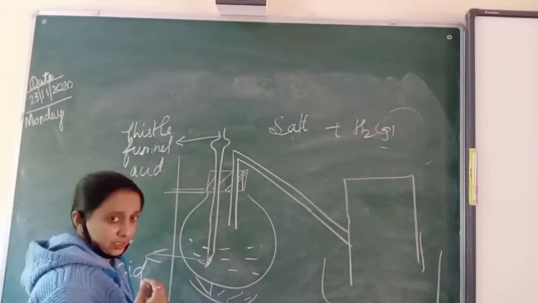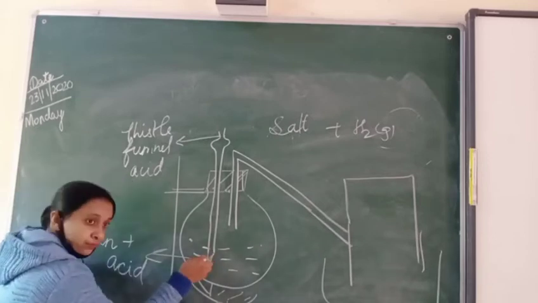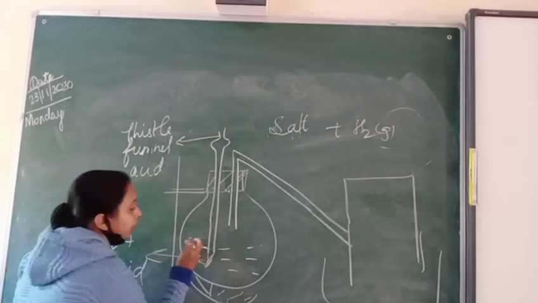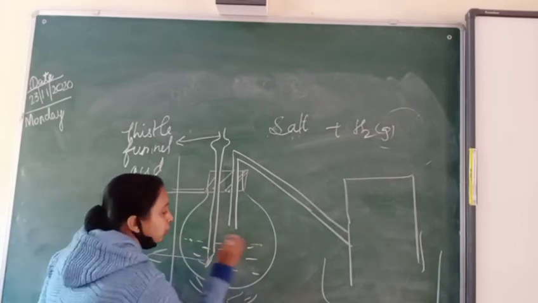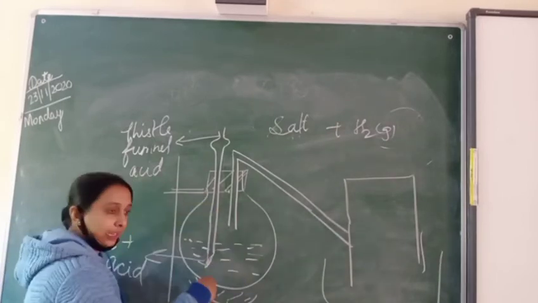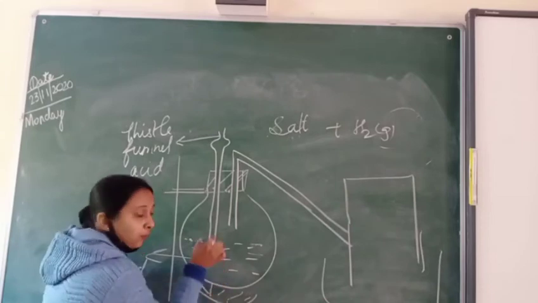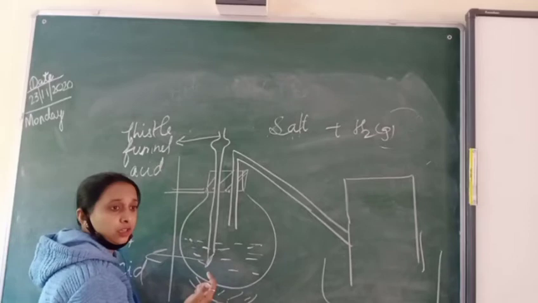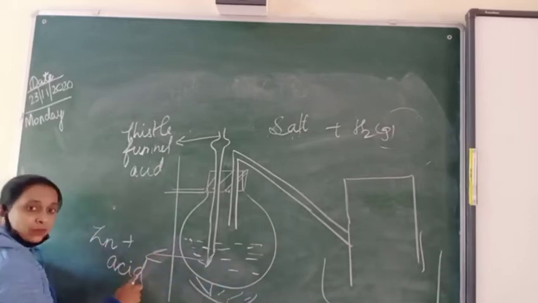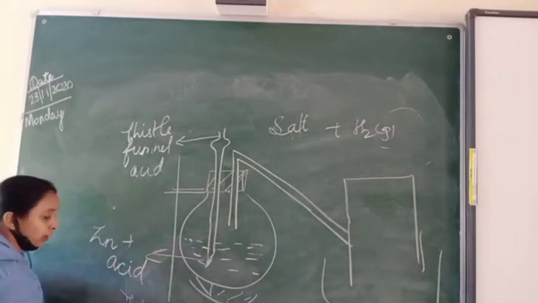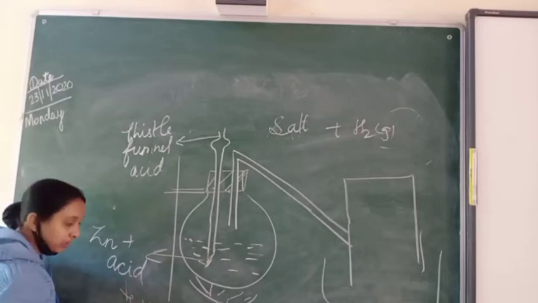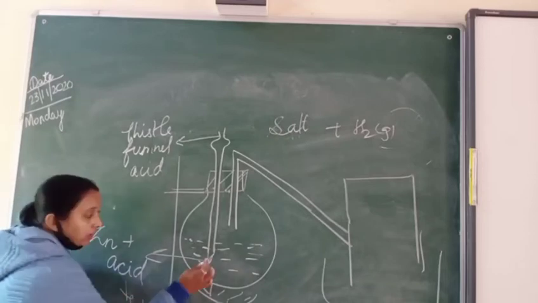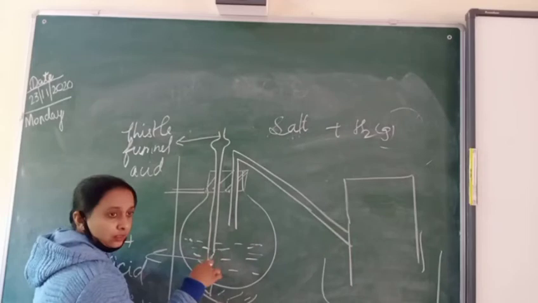That means we will pour so much acid from the top that the tip is dipped inside the solution. Why? What is the reason? Because when zinc reacts with acid, immediately the reaction happens and we get hydrogen gas. If the tip is not dipped inside, hydrogen gas will escape out from the thistle funnel. Are you getting?